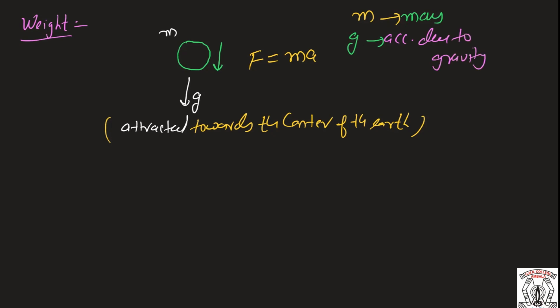In SI unit, mass is in kilogram, and acceleration due to gravity is in meter per second square. Fine. So, these are the units. So, what will be the weight of this body? It will be equal to mg.